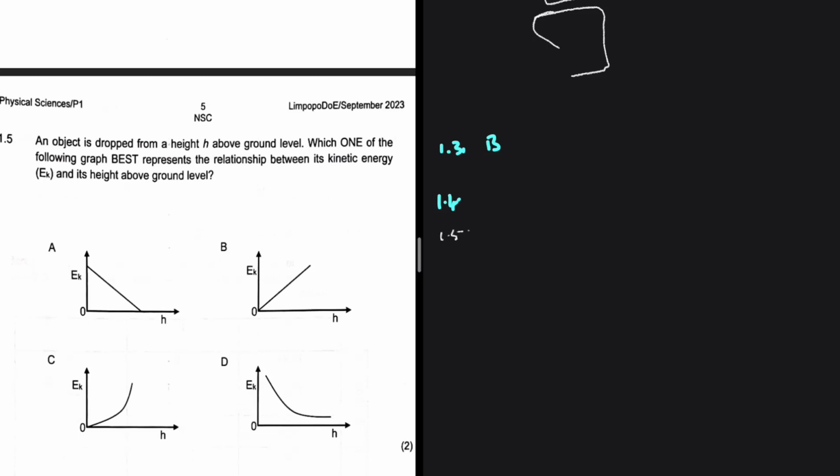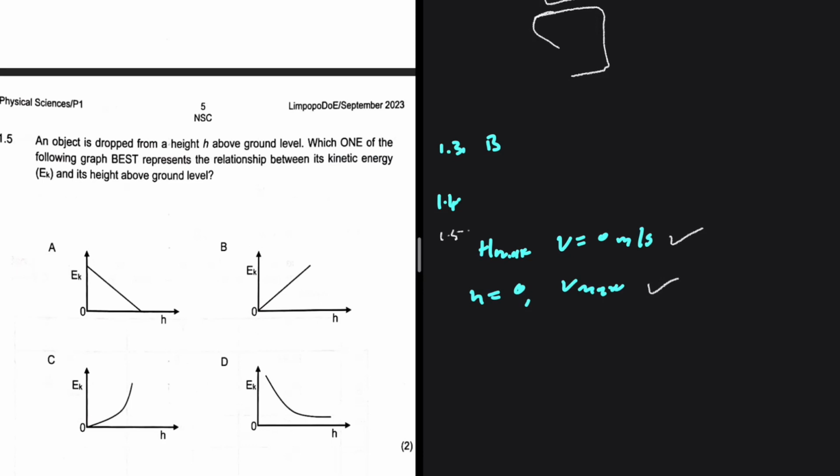Let's think about that. At our maximum height, v is equal to 0 meters per second, because our object is just getting dropped at maximum height. And when the height is equal to 0, our object is striking the ground. So we have v max. Without even looking at the options, we can deduce this just from vertical projectile motion.